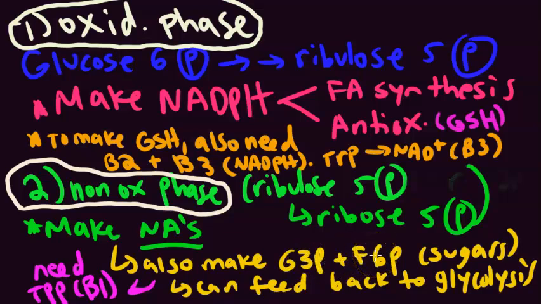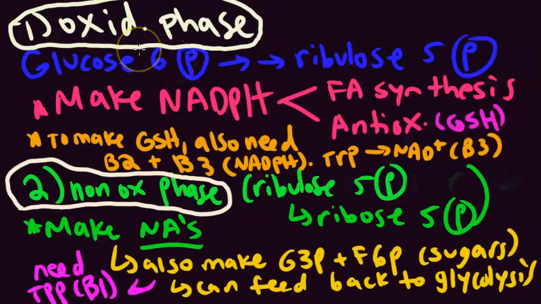So these are the sugars that you make in the non-oxidative phase, and these can actually feed back into glycolysis if needed, right? So hence this is called a shunt, because these sugars that you make in the non-oxidative phase can feed back into glycolysis, right? In fact, this glucose 6-phosphate that we start off with is a product of glycolysis, right?